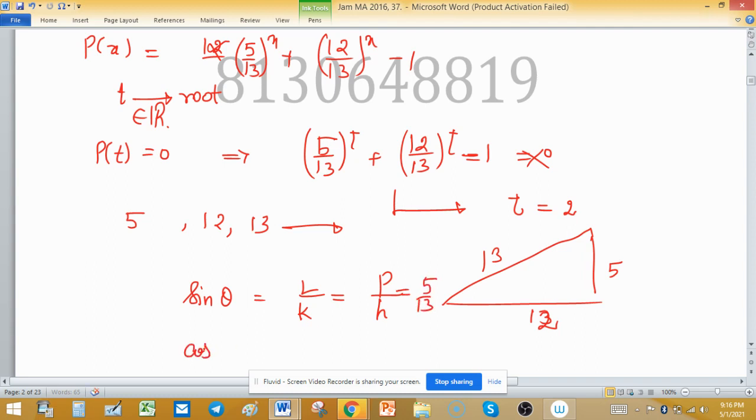Cos θ is 12/13, meaning base upon hypotenuse, b upon h.